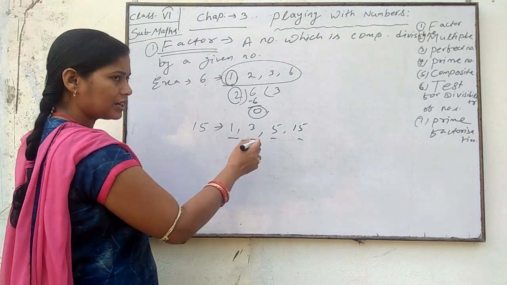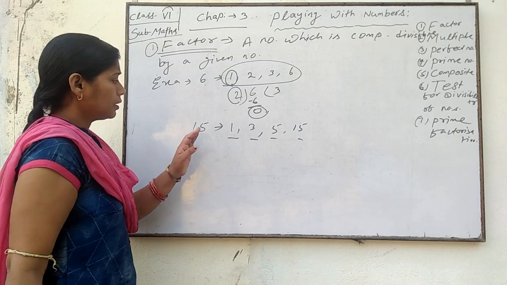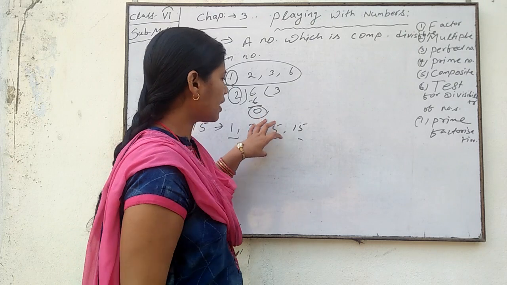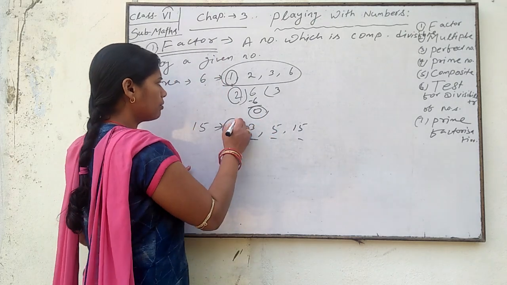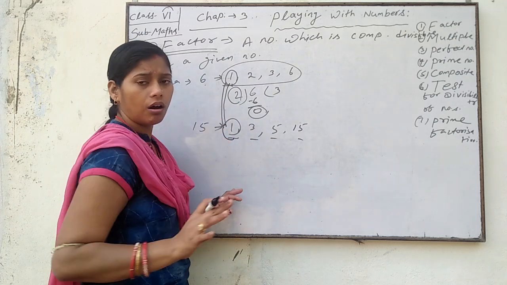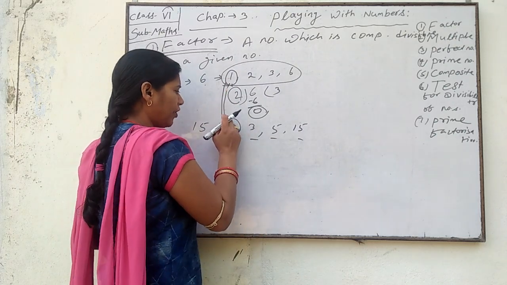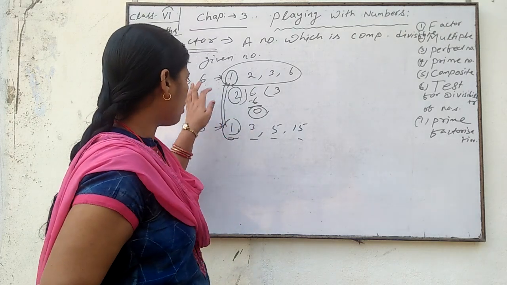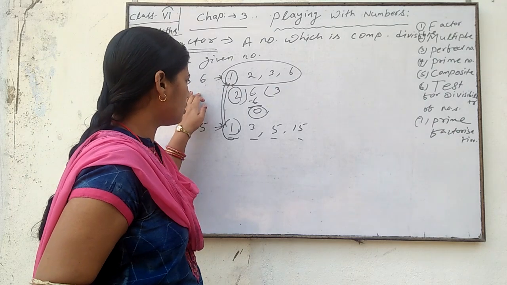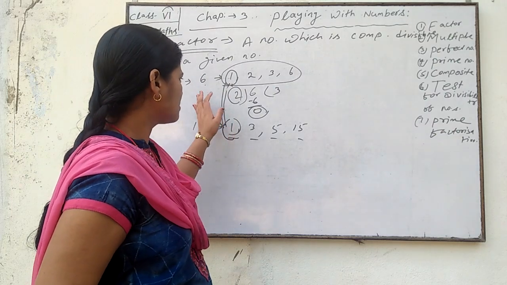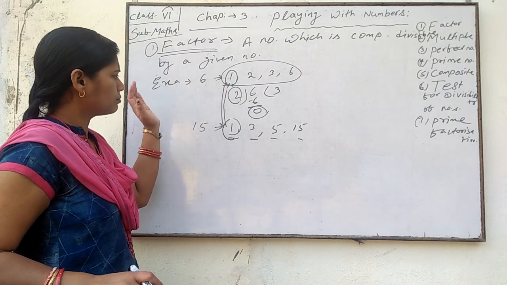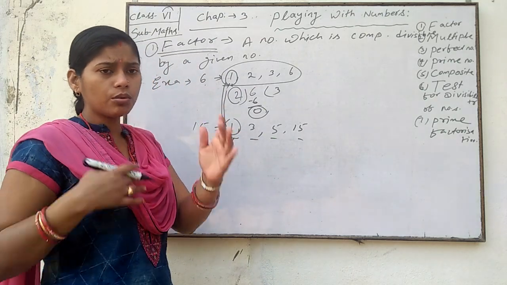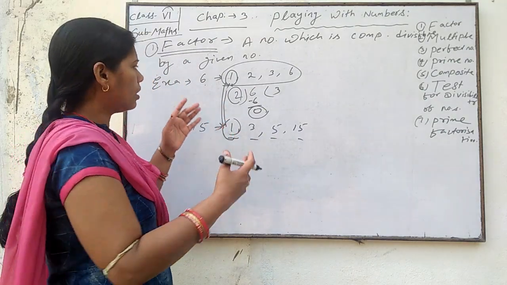The factors of a given number are always less than or equal to the number itself; at most, the maximum factor is the number itself.